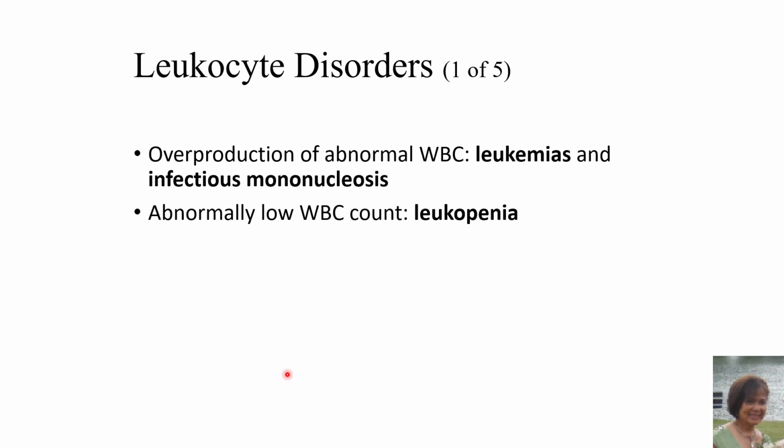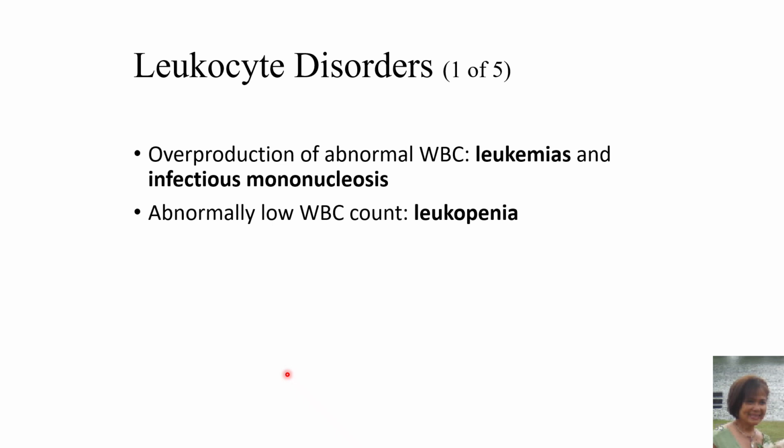So let's take a look at some disorders of the white blood cell. An abnormally high overproduction of white blood cell can cause leukemia. There are two of them, leukemia and infectious mononucleosis.